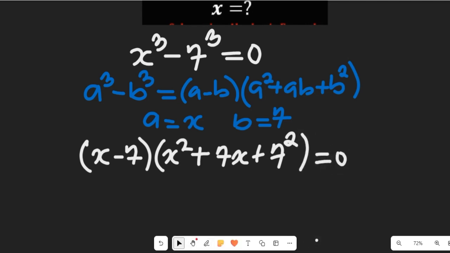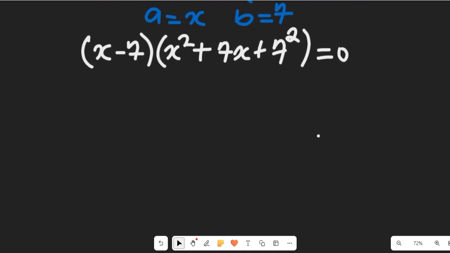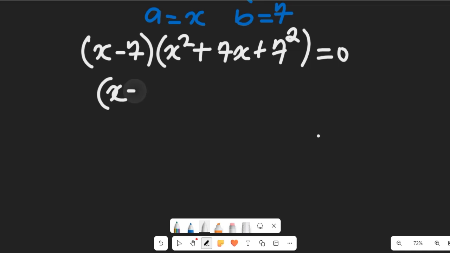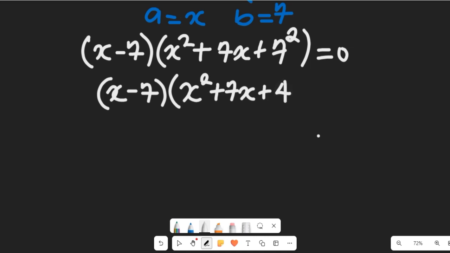Great. In the next step, we're going to simplify this. We'll have x minus 7 multiplied by x squared plus 7x plus 49, right? And this will be equal to 0. 7 squared is 49.